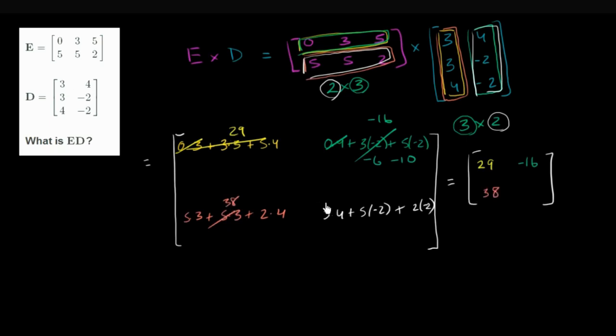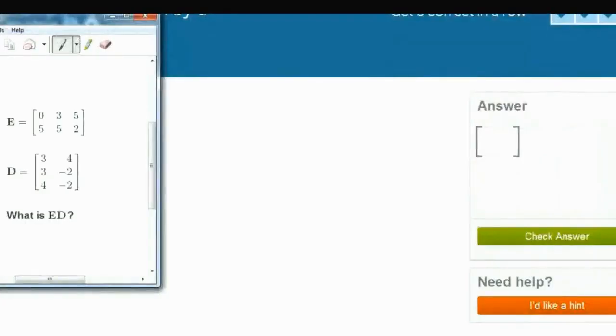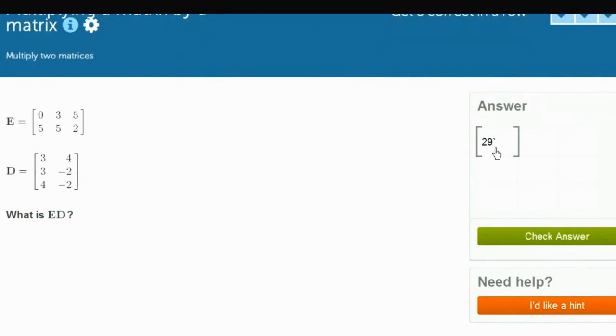And then finally, this is 20 minus 10 minus 4. So this is going to be 6. So this all became 29, negative 16, 38, and 6. Let's check our answer. We got it right.